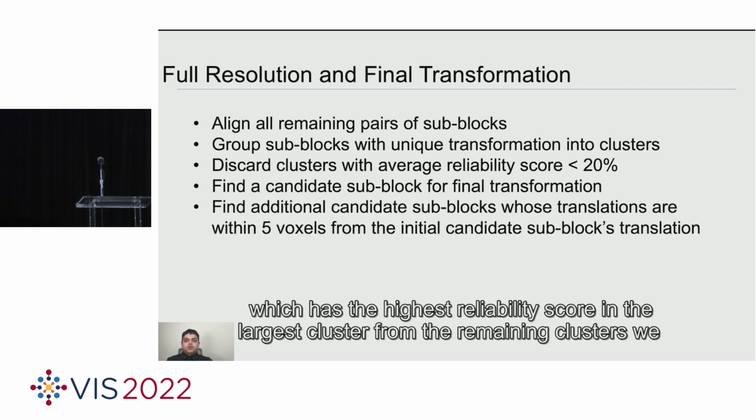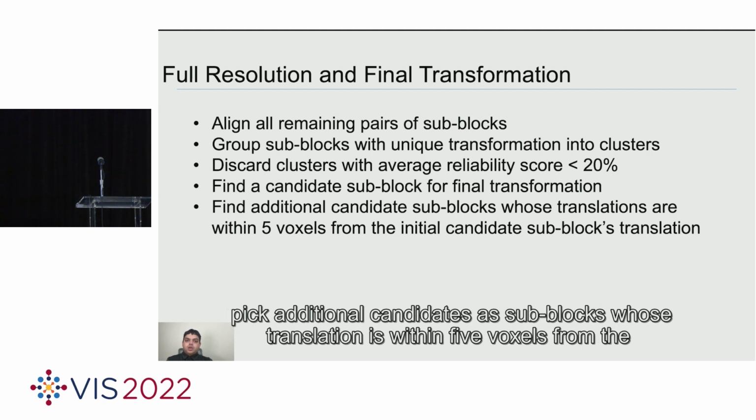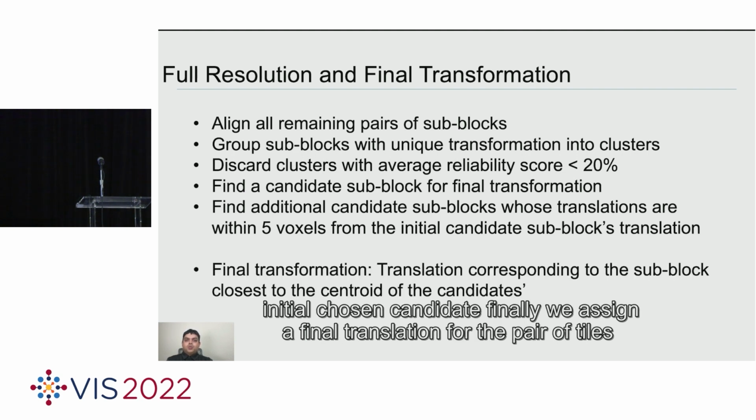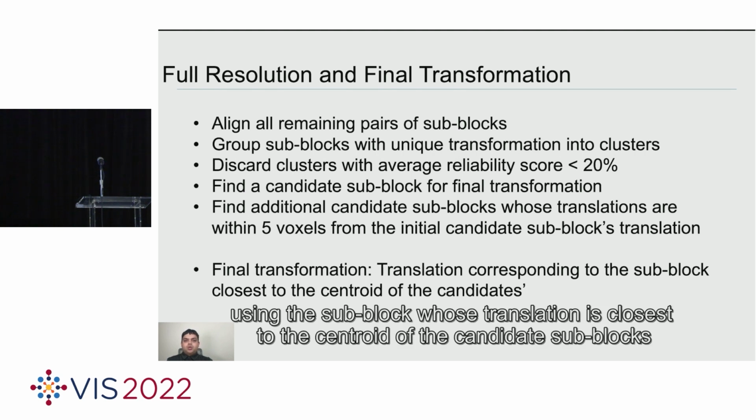From the remaining clusters, we pick additional candidates as subblocks whose translation is within 5 voxels from the initially chosen candidate. Finally, we assign a final translation for the pair of tiles using the subblock whose translation is closest to the centroid of the candidate subblocks.